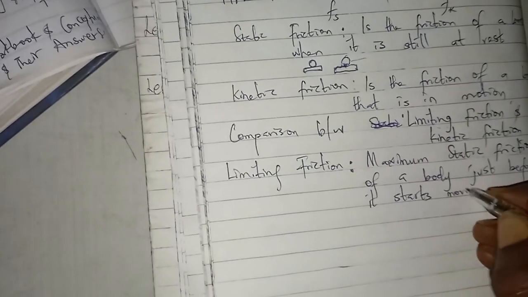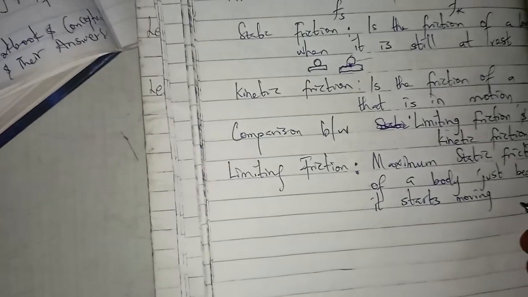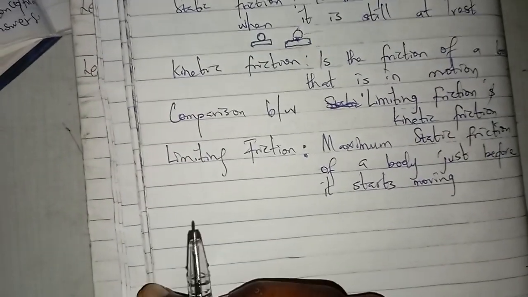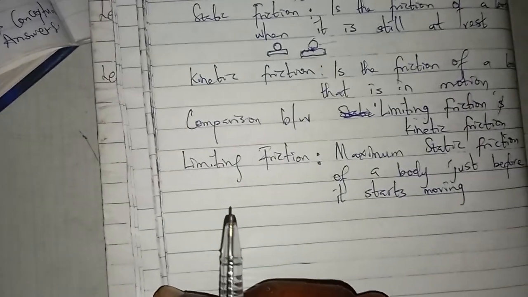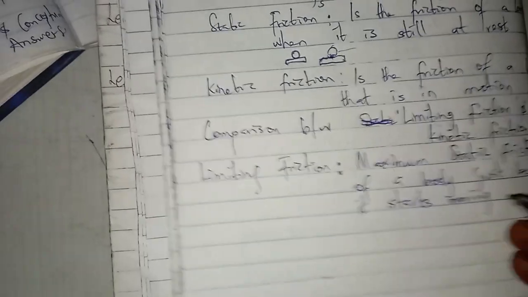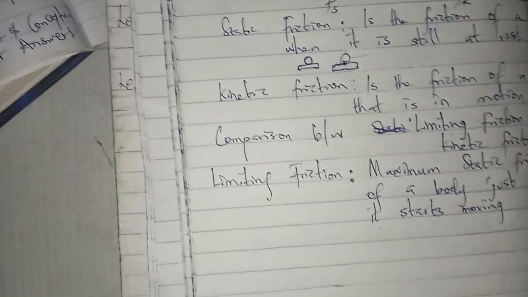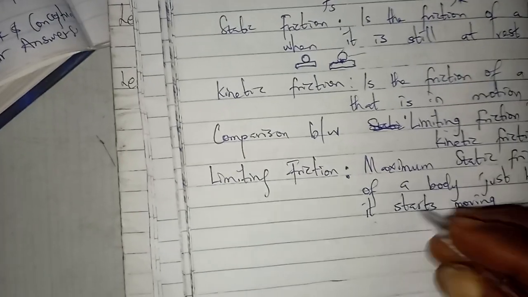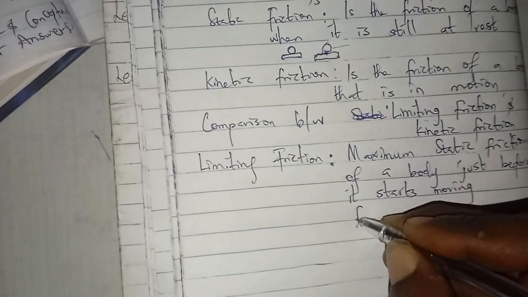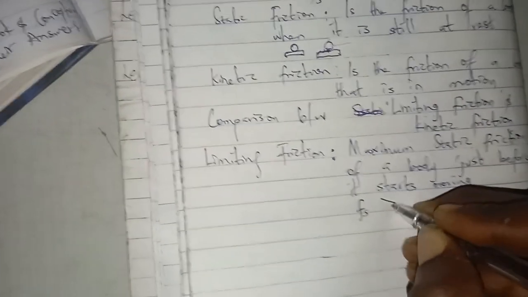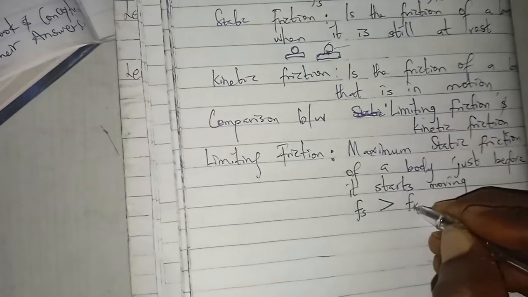So because when that body is at rest, the rough surfaces are higher compared to when it has started moving, we say that limiting friction or static friction is actually greater than kinetic friction.